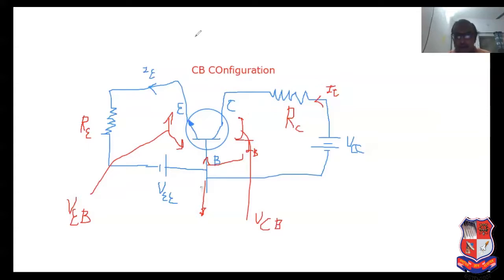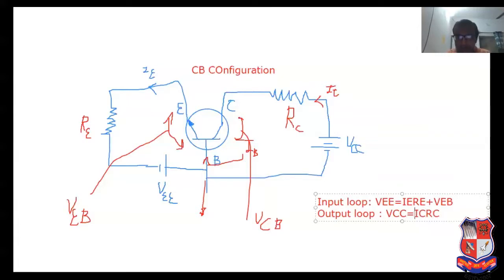Now see here, the input loop: VEE equal to IE RE plus VEB. Output loop: VCC equal to IC RC plus VCB. It is the output loop.